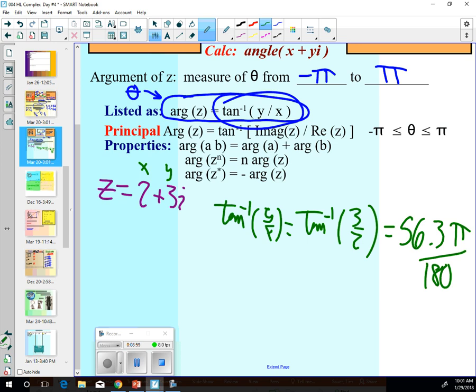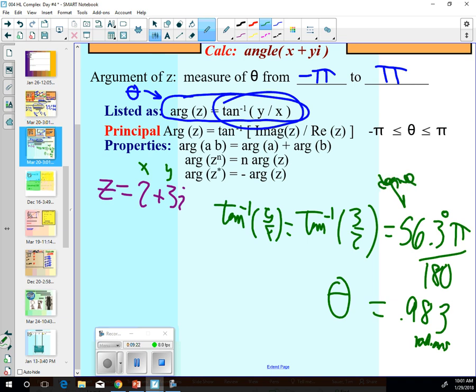I like to go 56.3 degrees, then multiply by pi over 180, and now it's in radians. By the way, what is that in radians? It should be a little less than 1. 0.983. Perfect. So that's what my theta is in radians, and this is what it was in degrees.